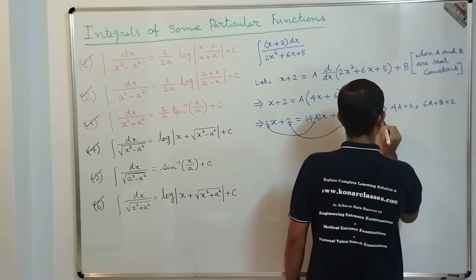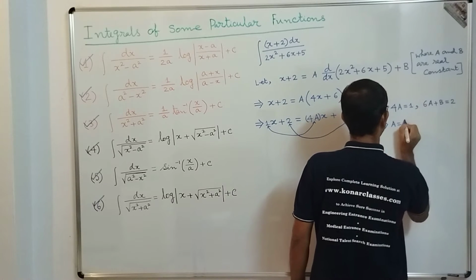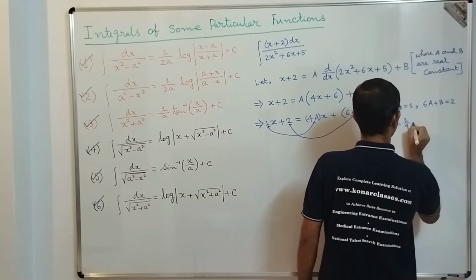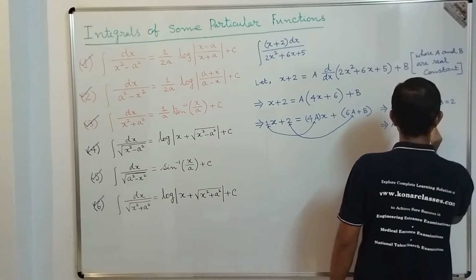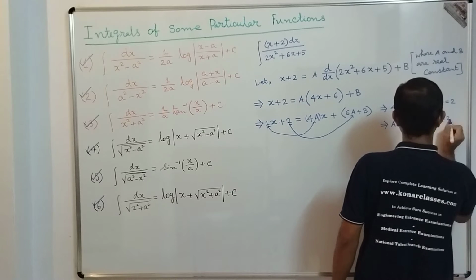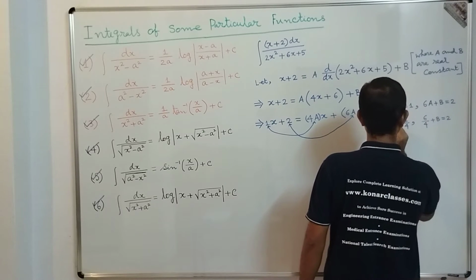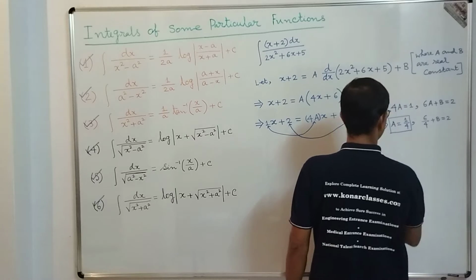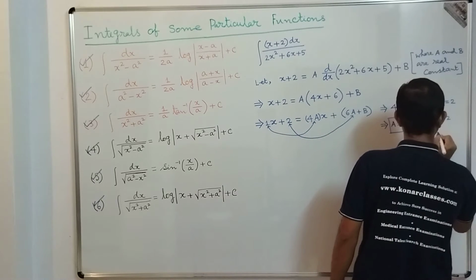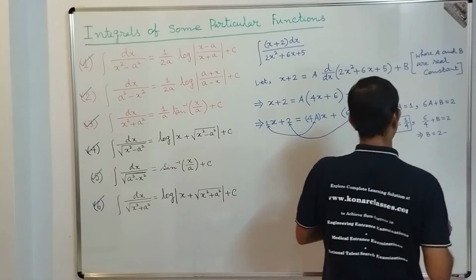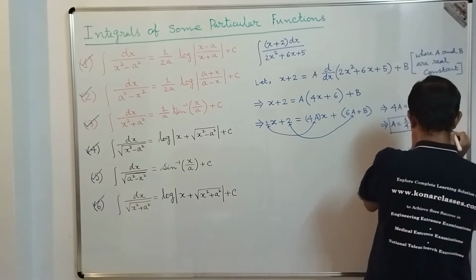If 4A is equal to 1, that means A is equal to 1 by 4. If we apply that value, 6 by 4 plus B is equal to 2. So A is equal to 1 by 4 we got. Now that implies B is equal to 2 minus 3 by 2.